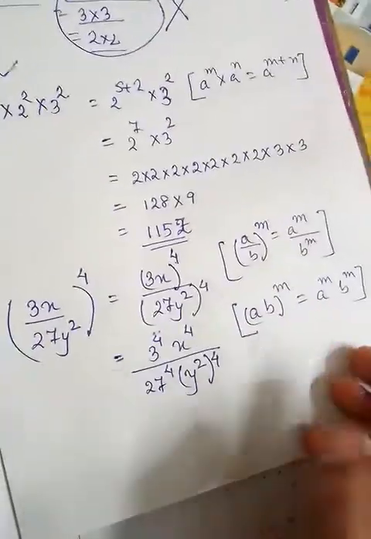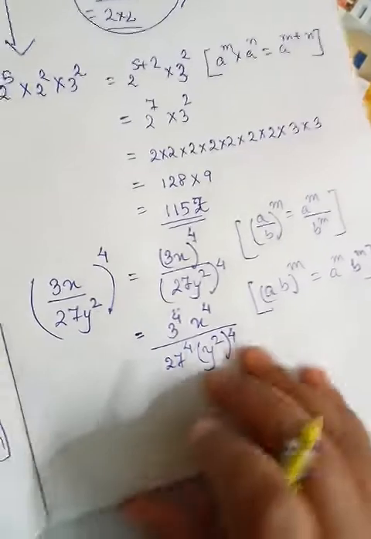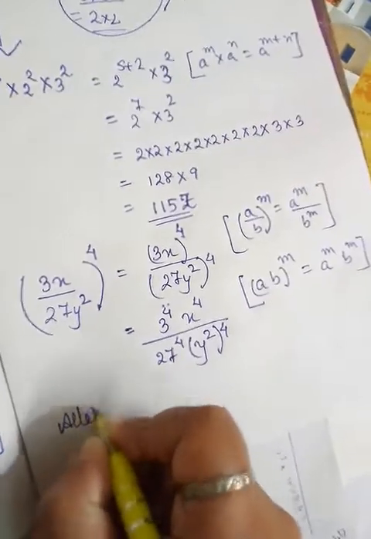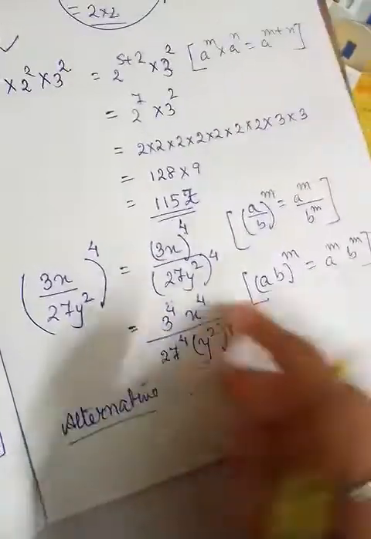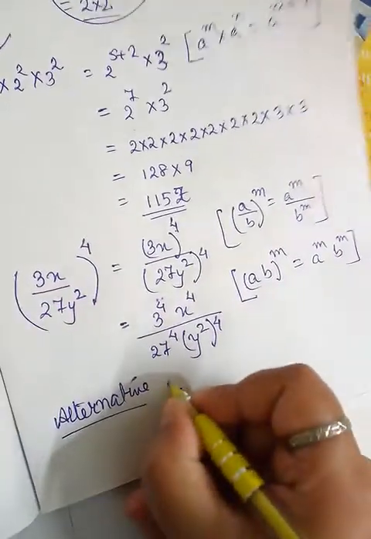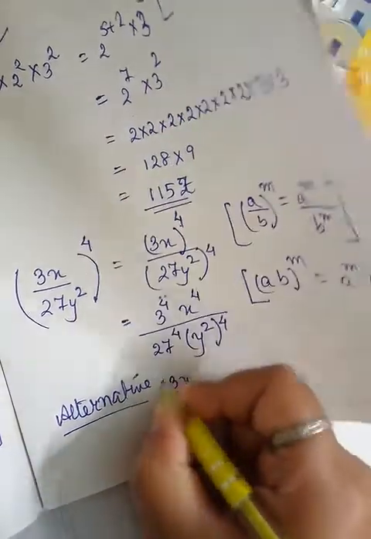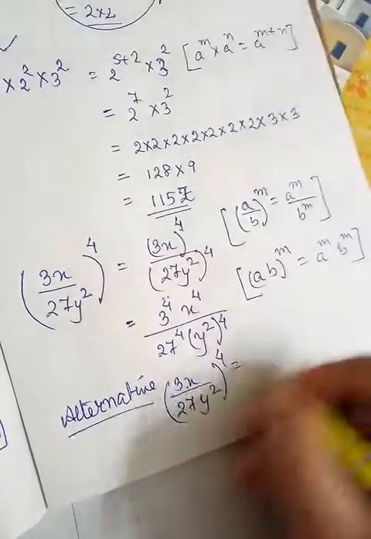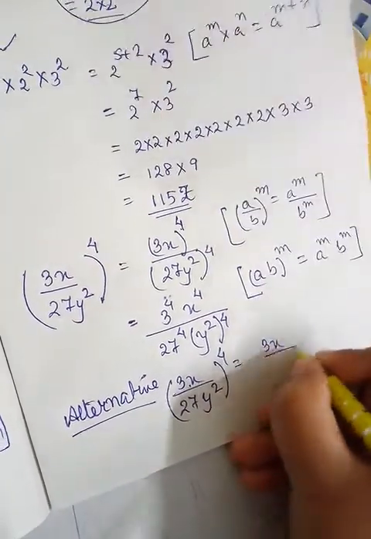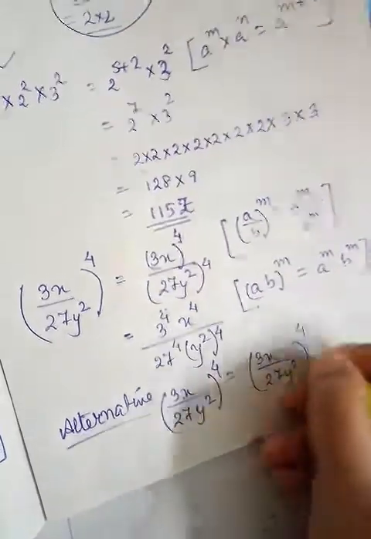Or alternatively, for your ease of calculation, you can see that the question is (3x by 27y square) to the power 4. Before we start applying, we can see that 3x by 27y square can be simplified within the bracket.